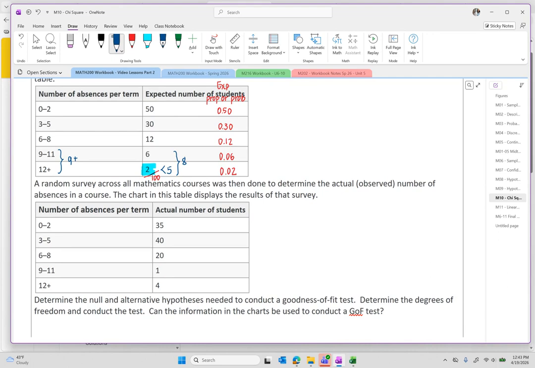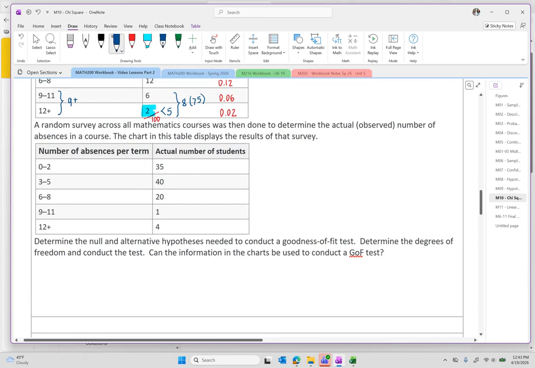So this 8 that is greater than 5 will now allow us to conduct a goodness of fit test with 4 categories. The categories will be absences from 0 to 2, from 3 to 5, from 6 to 8, and 9 plus, with expected values of 50, 30, 12, and 8. And then in that case, we will be able to conduct a goodness of fit test.